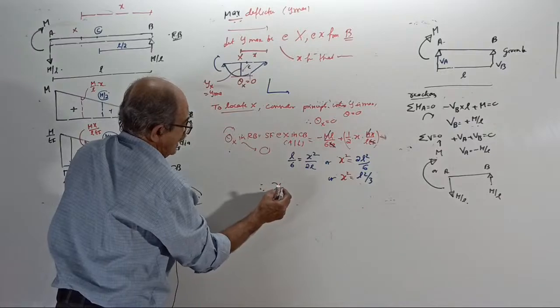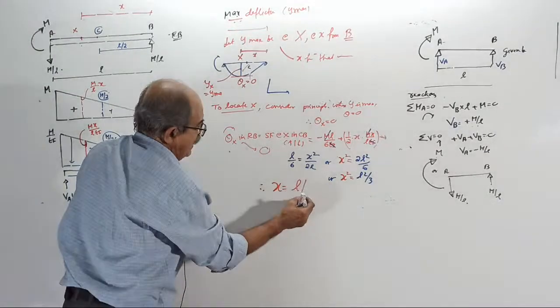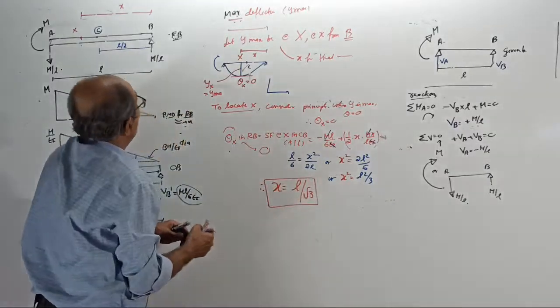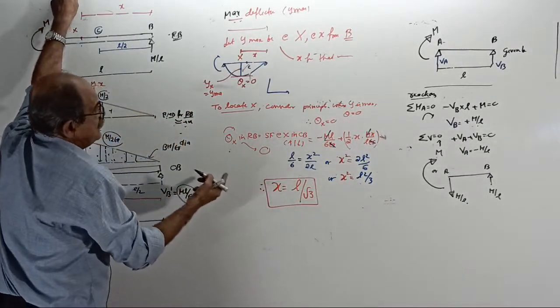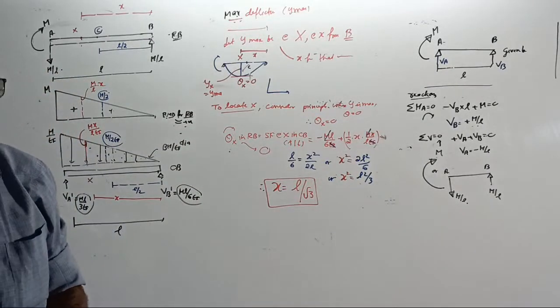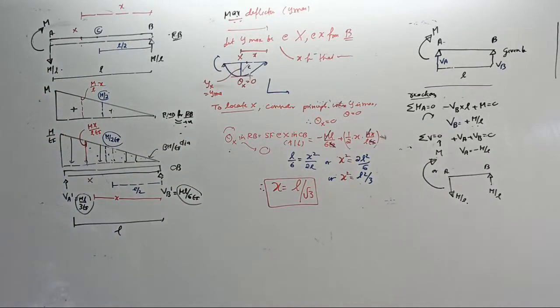Therefore, x will become L by root 3. Clear or not? So, L by root 3 is x. Is it clear? x will come L by root 3.